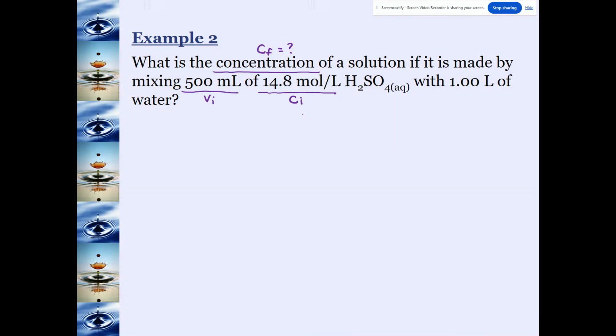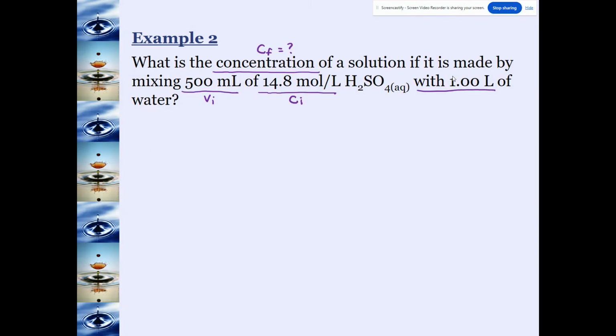Now, you have to read the questions very carefully. Look what it says. It says that the solution is made by mixing 500 milliliters with 1 liter. You're mixing them together. So that doesn't mean I'm making it to a final volume of 1 liter. I'm mixing 500 with an additional 1 liter.